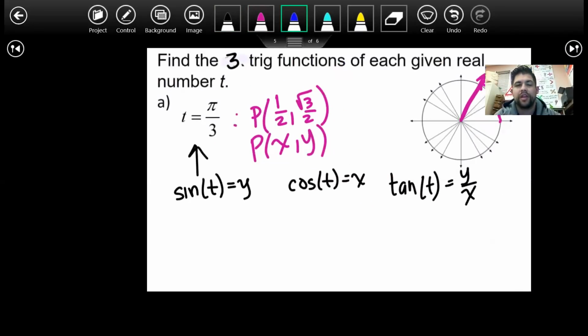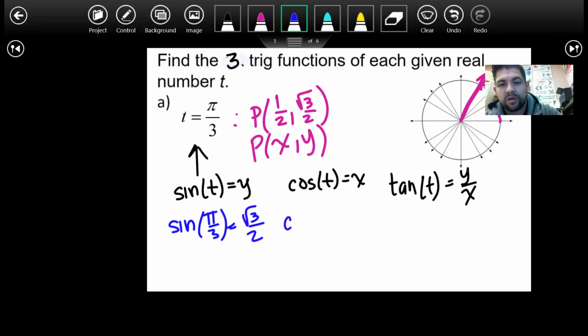So the answers for these would be where sine of pi over 3 is simply the y value, in this case radical 3 over 2. For cosine, it's the x value, so cosine of pi over 3 is equal to 1/2. And what we're getting for the last one is the ratio of y over x.